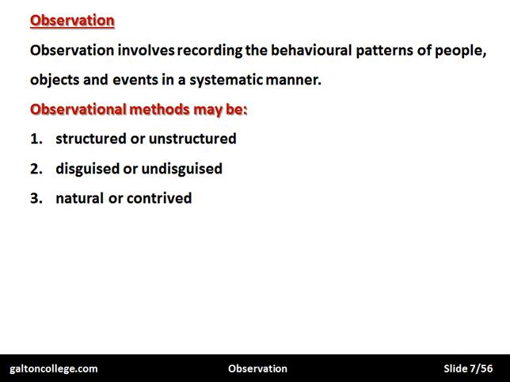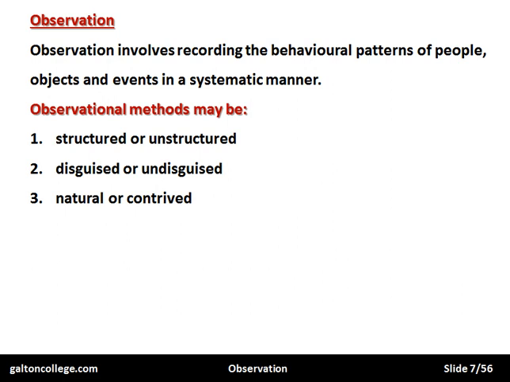They may be natural or contrived. Natural in the sense that the observations are simply based on what happens. So the observer goes to the place where the event is to happen and makes the observations. Or they could be contrived.